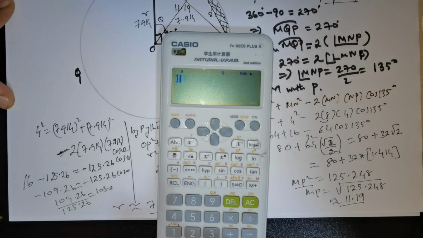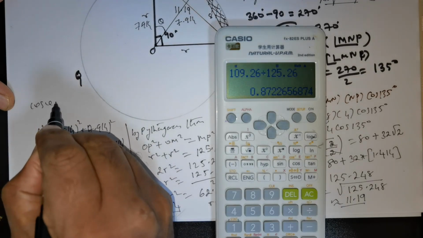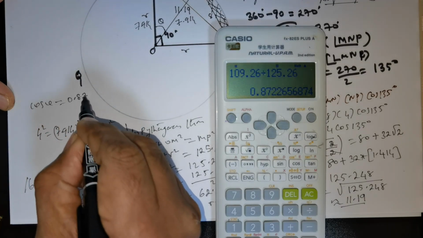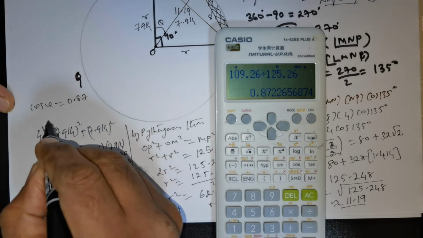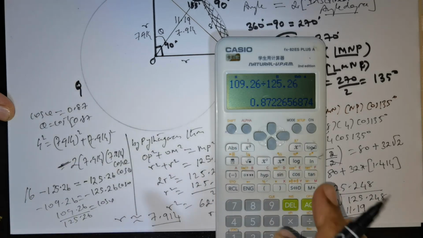So let me find out 109.26 divided by 125.26. That is giving me a value. Let me write that down here. Cos theta is equal to 0.87. I'll settle with 0.87. So theta is equal to cos inverse of 0.87.